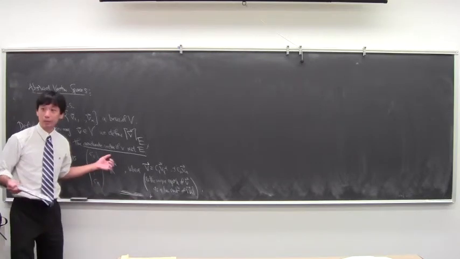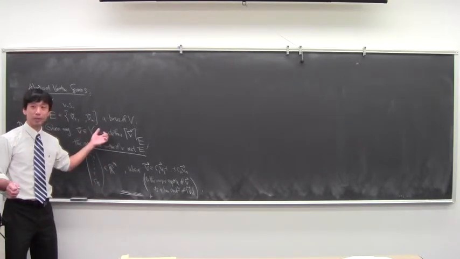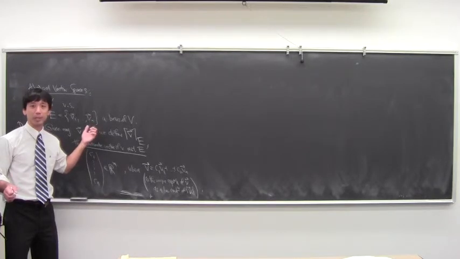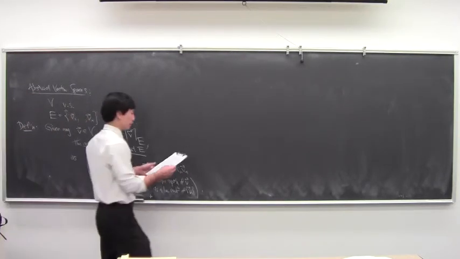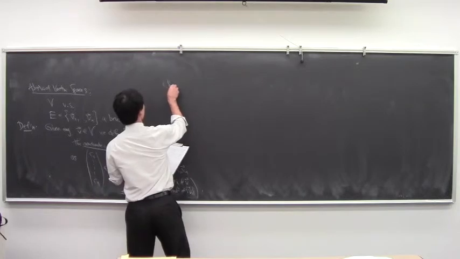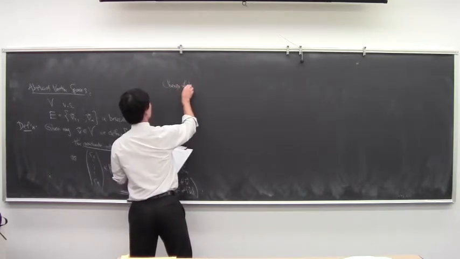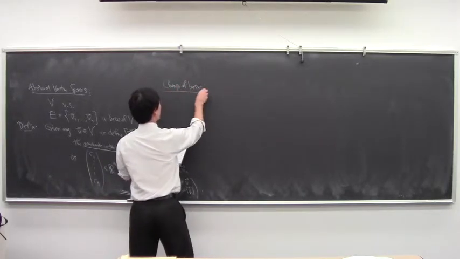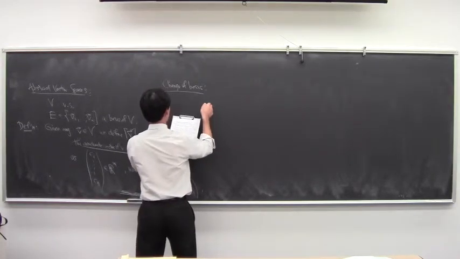So we're going to have the same problem: we have a coordinate vector with respect to one basis, and we want to switch it to the coordinate vector with respect to the other basis. So, change of basis again, but this time in the case of abstract vector spaces.